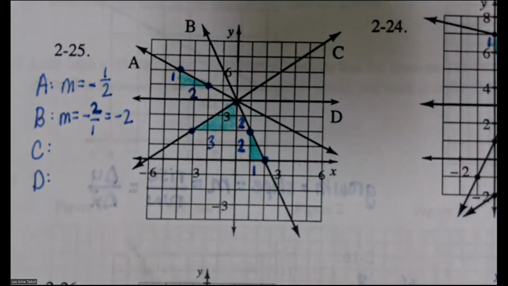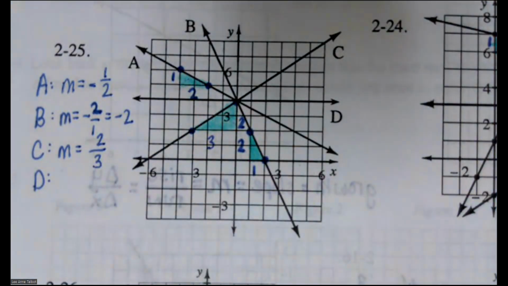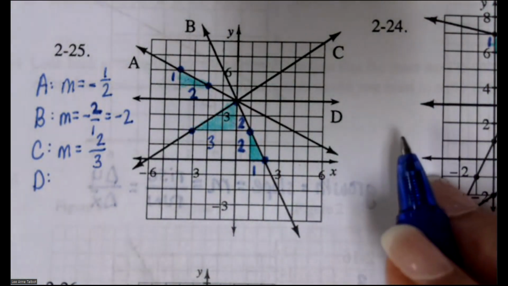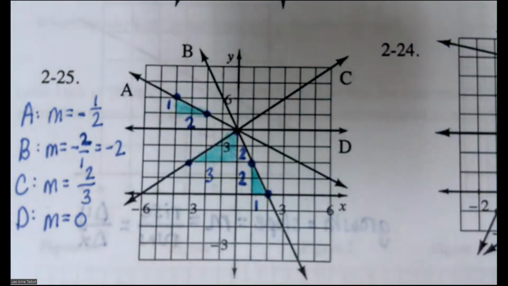Base is 3. Going uphill. And what is D? Beautiful. We don't even have to do any work. There's not even any work to show. It's just 0.